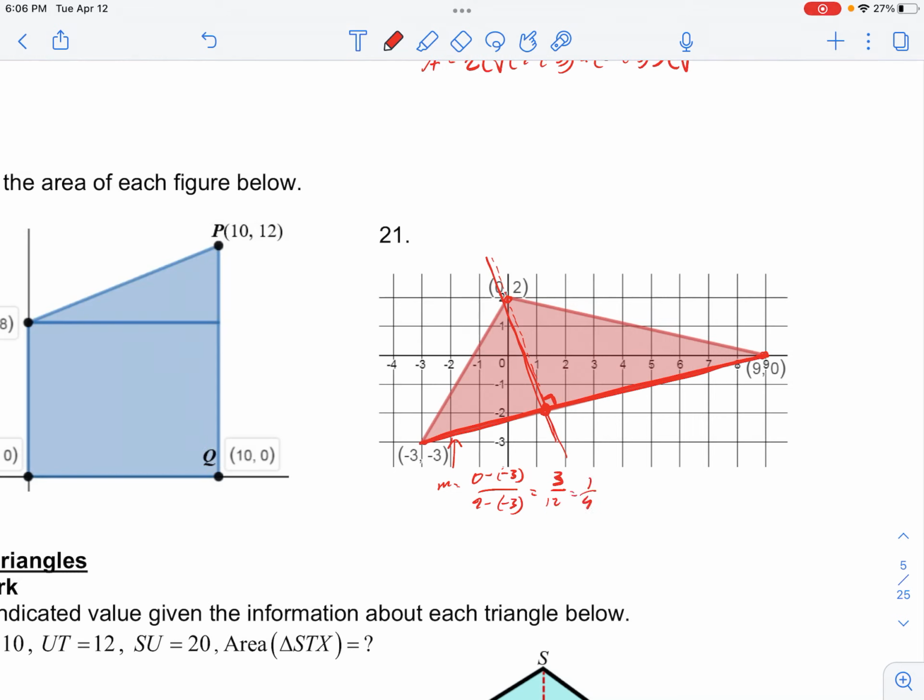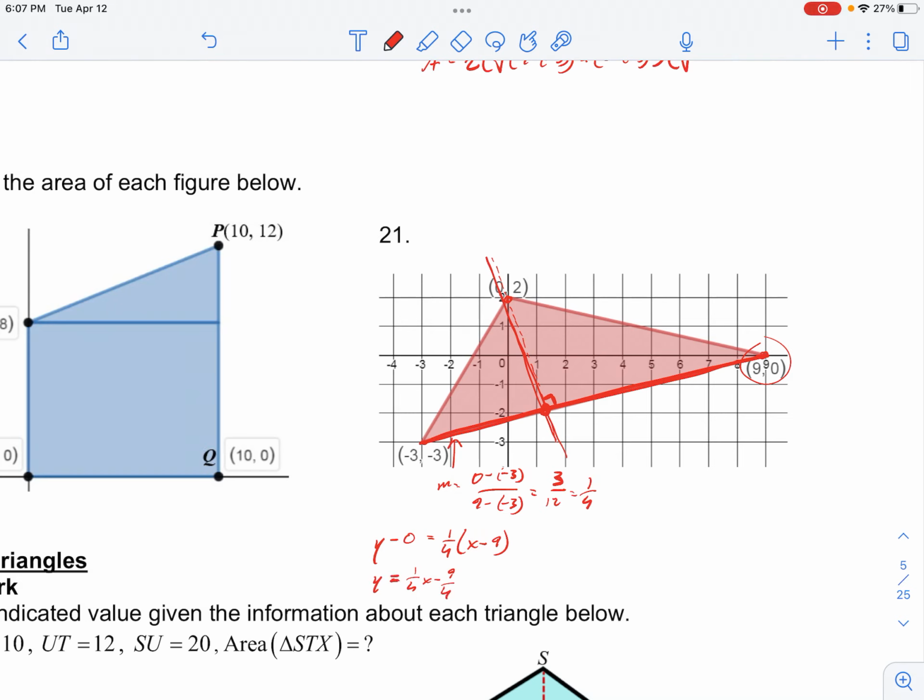So putting it into slope-intercept form, we have y minus 0 is equal to, using this point as our reference point, 1/4 (x minus 9). So rewriting that, we have y equals 1/4 x minus 9/4 is our equation of the line of the base.